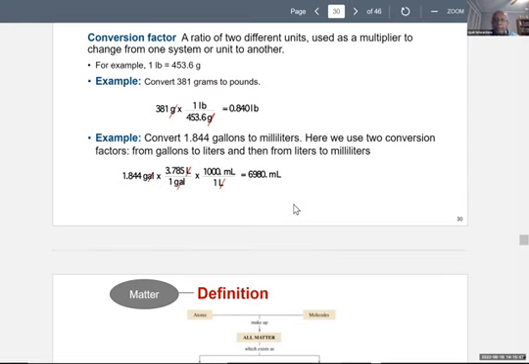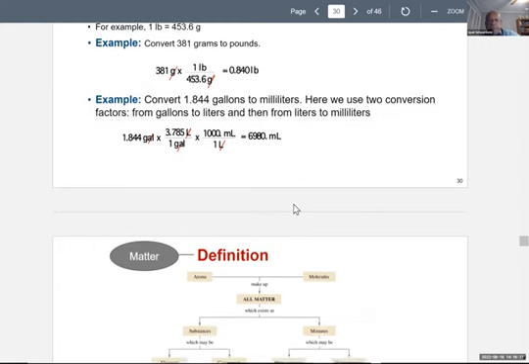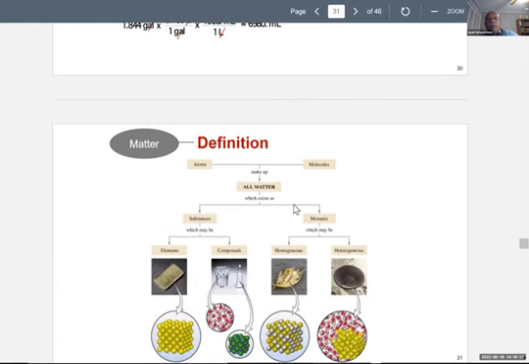So calculated measurements have to follow the uncertain or significant digits in the measurements, and they also have uncertainty based on the uncertainties of the original measurements. All right.